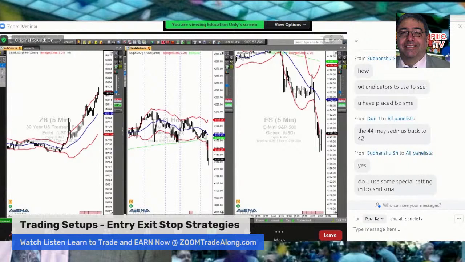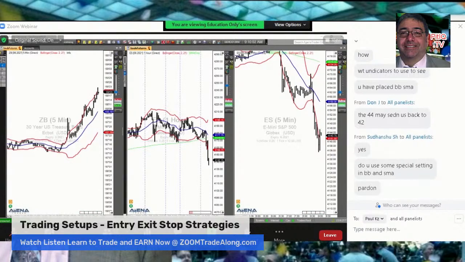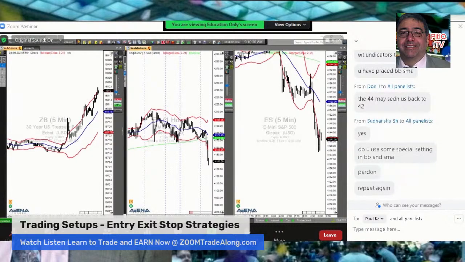The Bollinger Band is at 21. The market is kind of having trouble rotating back up to the upside. 21 is where the Bollinger Band is, and the green band, which is the moving average, is set at 200.